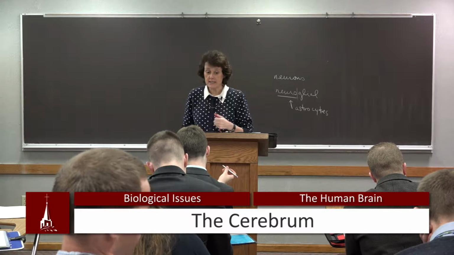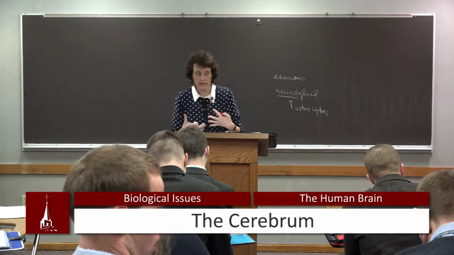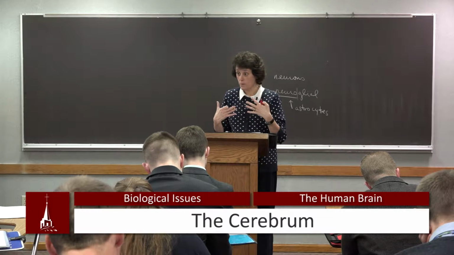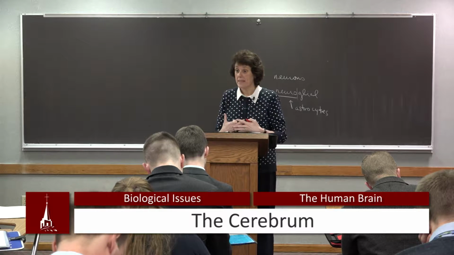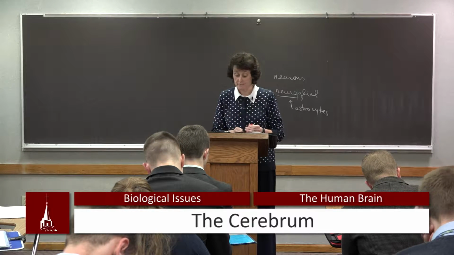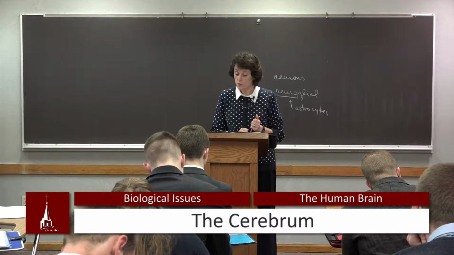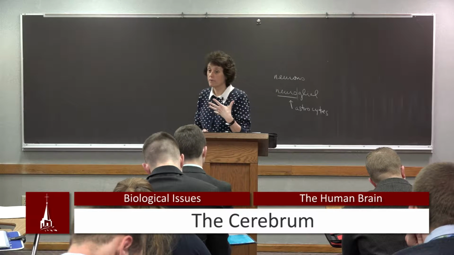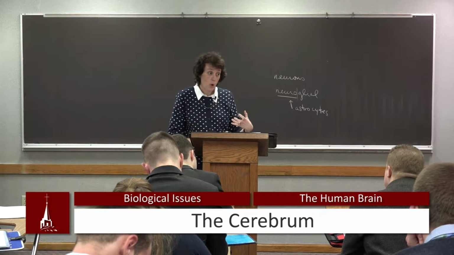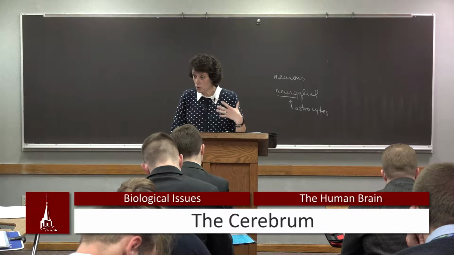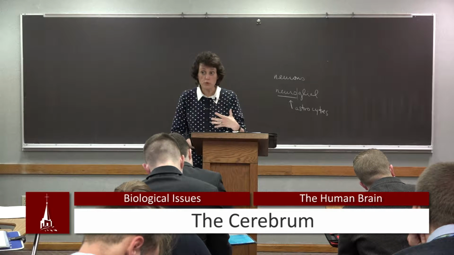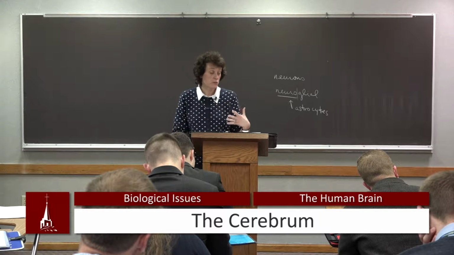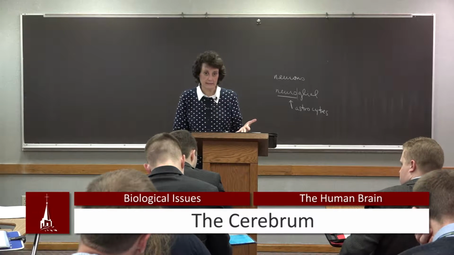Okay, and there's a couple of things I want you to know about the cerebrum. The cerebrum is the main part of the brain. The cerebral cortex, the outer layer, is where your brain functions. Its cortex, called the cerebral cortex, is where most of your brain functions occur, and this would include your mind.